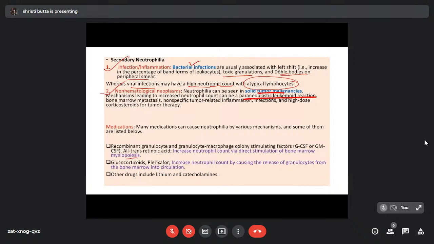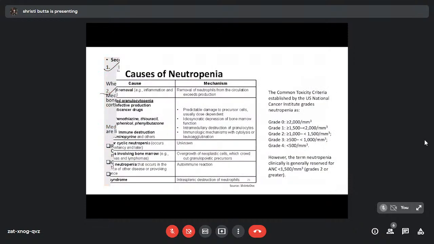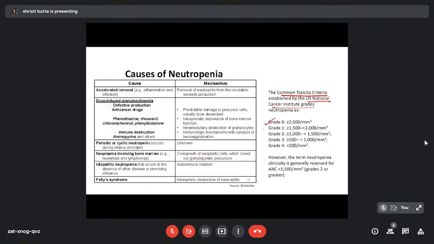Now coming to neutropenia. The common toxicity criteria established by the US National Cancer Institute grades neutropenia as grade 0, grade 1, grade 2, grade 3, and grade 4. However, the term neutropenia applies only when the ANC, that is the absolute neutrophil count, is less than 1500 per microliter.